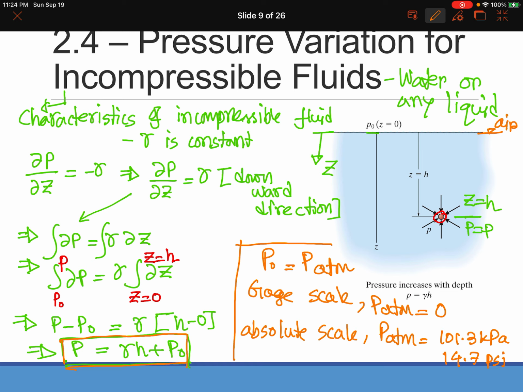But as I said, unless I state otherwise, we will always use the gauge scale. So most of the time we will use P atmospheric pressure equals 0. Okay.